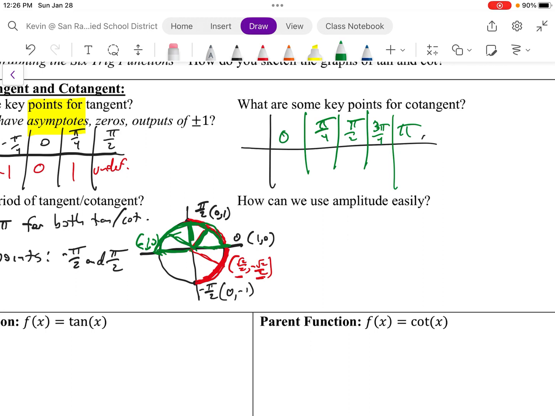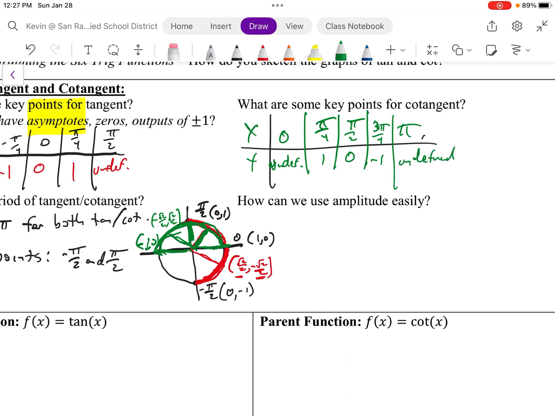All right, so at 0 radians, it's undefined. Oops, x, y. Undefined. And then at pi over 4, this is at 1. At pi over 2, cotangent is 0. At 3 pi over 4, because this is negative root 2 over 2 and root 2 over 2, which is negative 1.